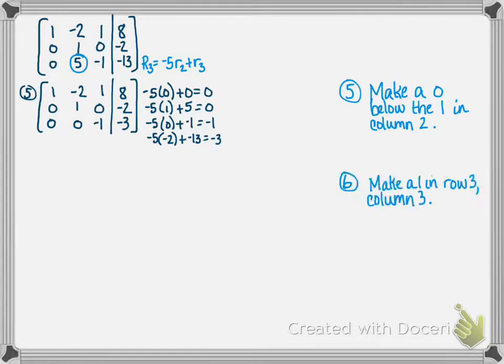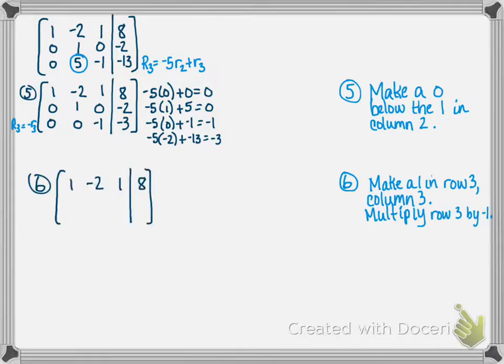Okay, now we need to make a 1 in row 3, column 3. We're almost there because we have a -1. So we can make that a 1 by multiplying row 3, every element in it, by -1. So our new matrix, row 1 stays the same, 1, -2, 1, 8. Row 2 stays the same, 0, 1, 0, -2.